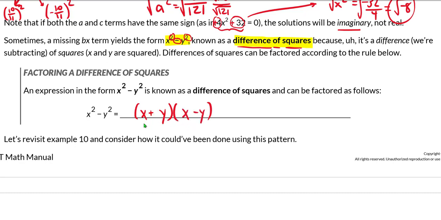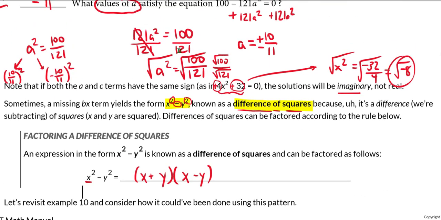In other words, the square root of the first term, the square root of the second term: there's the first term, there's its square root, there's the second term, there are its square roots, and then we have one positive, one negative. All differences of squares factor into this form, x plus y times x minus y.